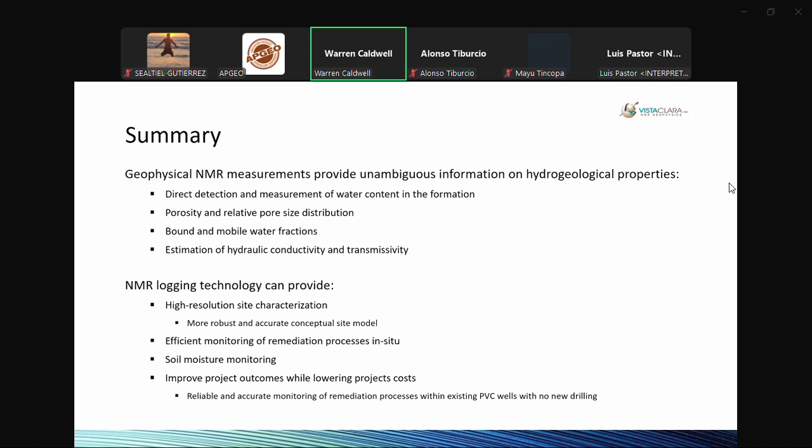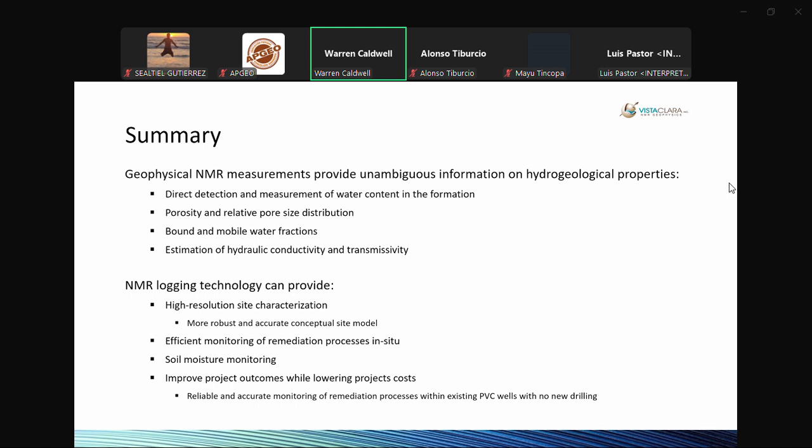The biggest advantage of surface NMR for groundwater investigations is that the signal that you're getting is directly from groundwater. So it gives you unambiguous detection of groundwater.